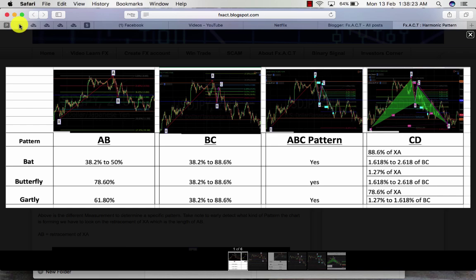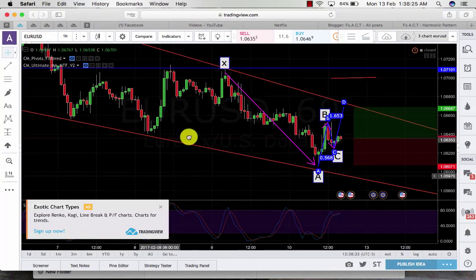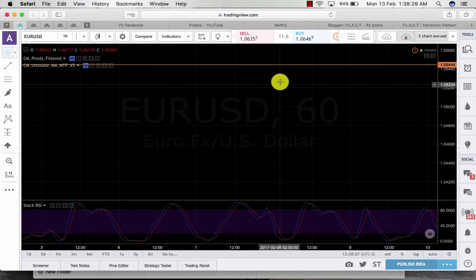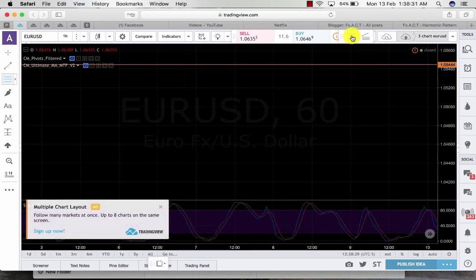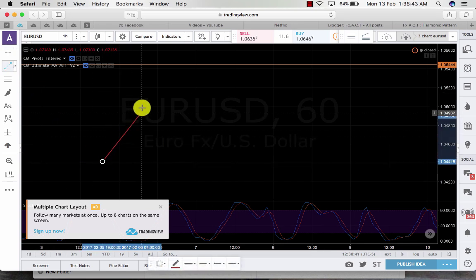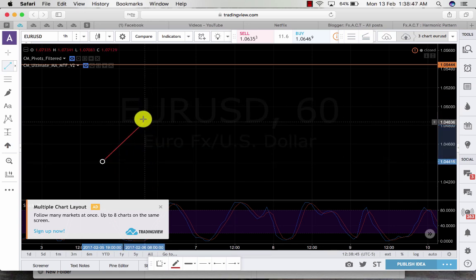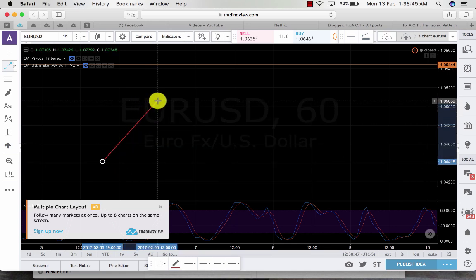So let's go and see how to identify this one. First, what we're going to use is the Fibonacci tool. So, based on the notes that I have told you, we have to get from X to A point.